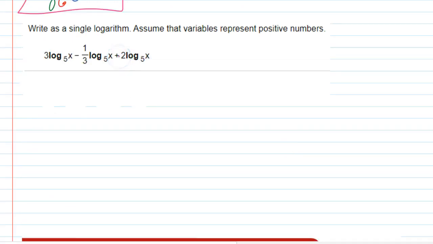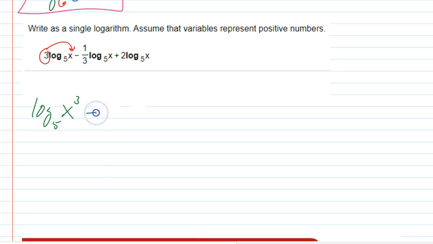All right, now here's a challenge problem. Write as a single logarithm. Assume that the variables represent positive numbers. So we start this by doing the same thing. If the number is in front of the log, it can climb up and become the exponent. The first one is going to be log base 5 x to the power of 3.